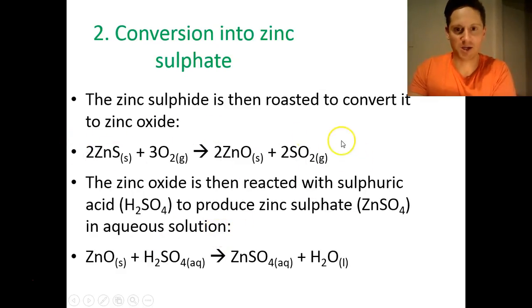So back at the first equation, we've got sulfur dioxide as a byproduct, so that escapes, and that can be added to water to produce sulfuric acid or something like that. So this can either be released into the atmosphere, which is not good, or it can be treated with other things. But we're not covering that too much here.